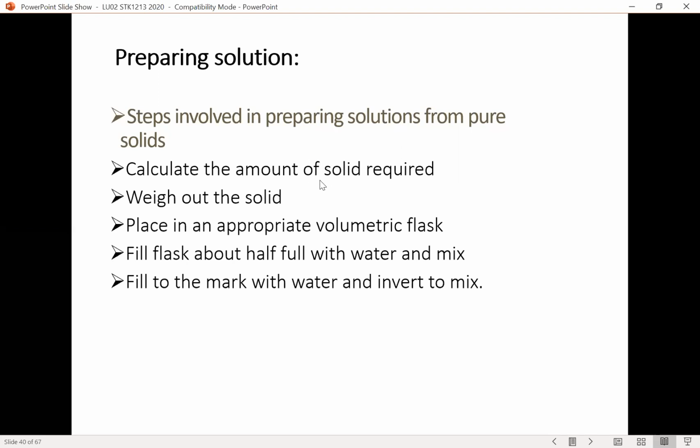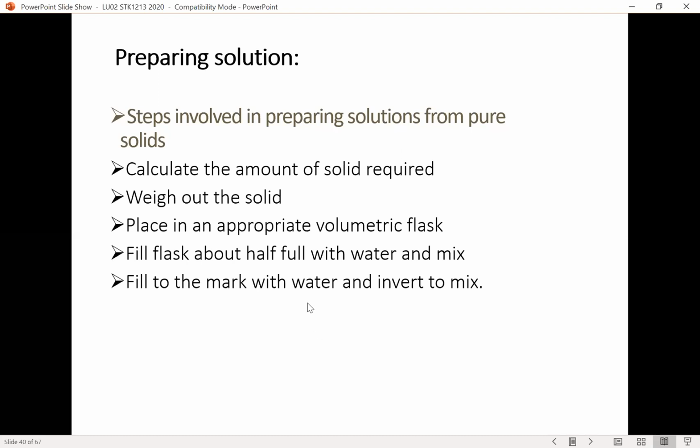So after you have calculated how much solid is required, you weigh out the solid and place it in a volumetric flask. For example, if you want to prepare a 500 ml solution, you use a 500 ml volumetric flask. And if you want to prepare 1 liter of solution, then you use a 1 liter volumetric flask.